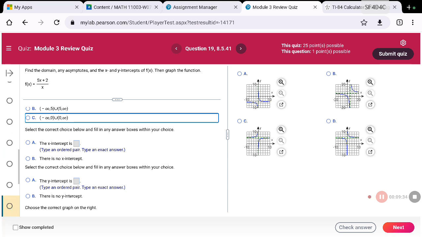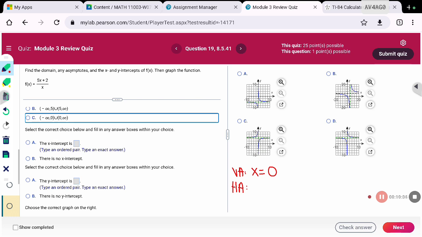So let's talk about where these are. Your vertical asymptotes are zeros of the denominator, which I already found when I was looking at the domain. The 0 of the denominator is 0. So that's your vertical asymptote. Now, your horizontal asymptote, we're looking at the degrees.